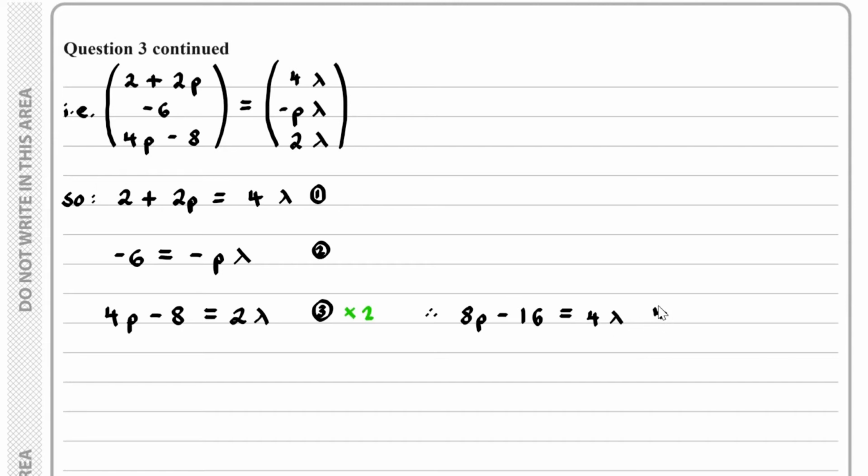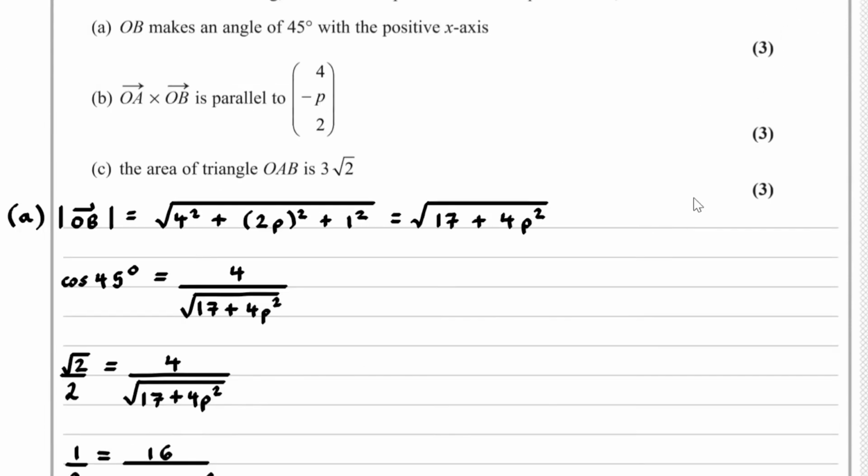Now if I call this equation 4, I can set equation 1 equal to equation 4, leaving me with 2 plus 2p equals 8p minus 16, which means if I solve for p, p is equal to 3. This is our only solution.